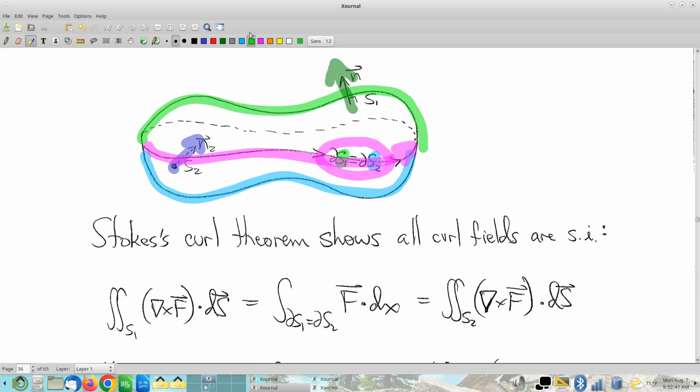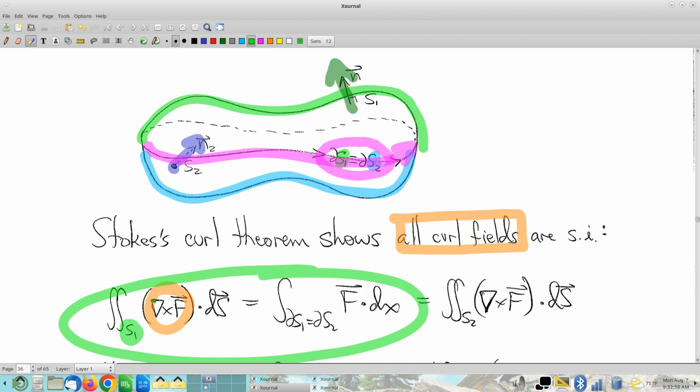So let's apply Stokes's curl theorem to the flux through the first surface. This, by the way, notice, assumes that we are talking about a curl field. And applying Stokes's curl theorem gives us the boundary line integral of the anti-curl. Now we do the same exact thing on the second surface.